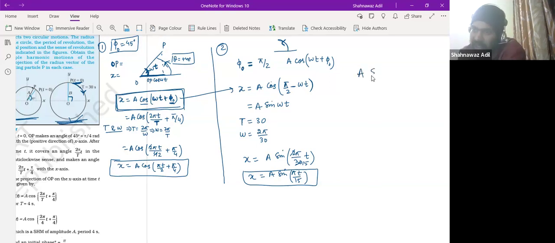SHM is simply A cos(omega t plus phi naught) or A sine(omega t plus phi). We are taking the projection on the x-axis. Then we have to figure out phi naught and the time period. Omega is related to time period. We put these values and then we get the answers. So these are the two important things.